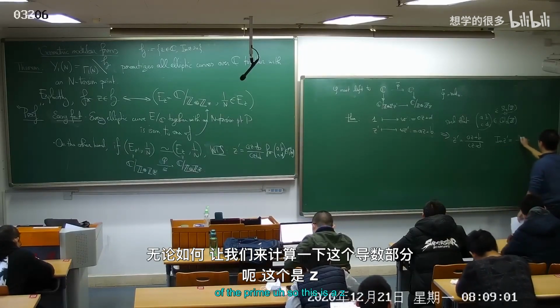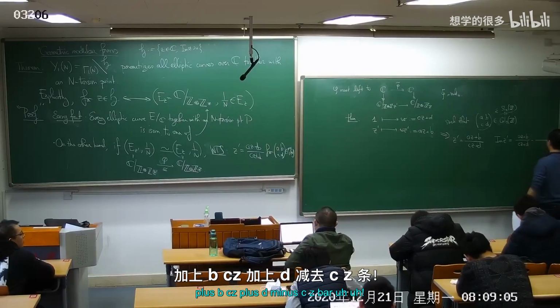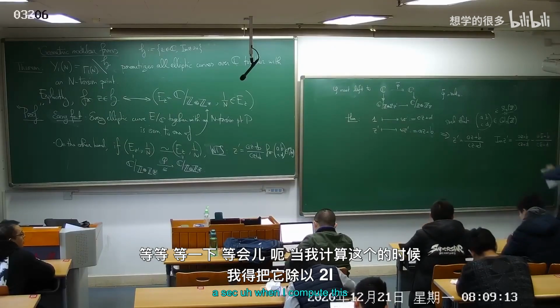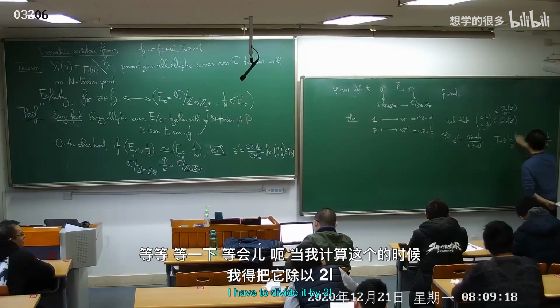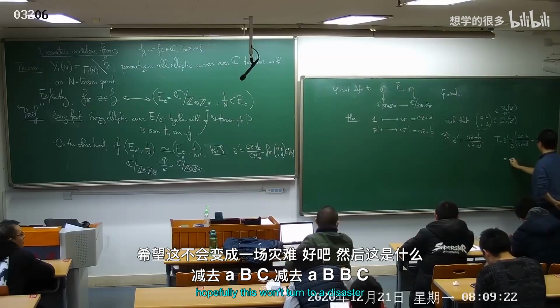This is (az plus b) over (cz plus d), minus its conjugate, and when I compute this I have to divide it by 2i. Hopefully this won't turn into a disaster.